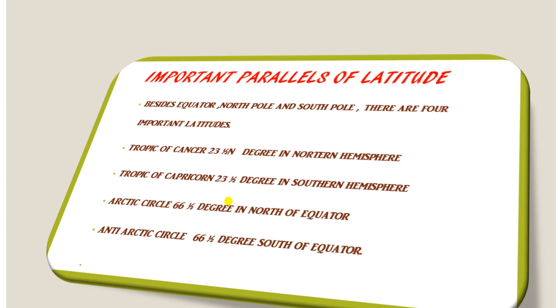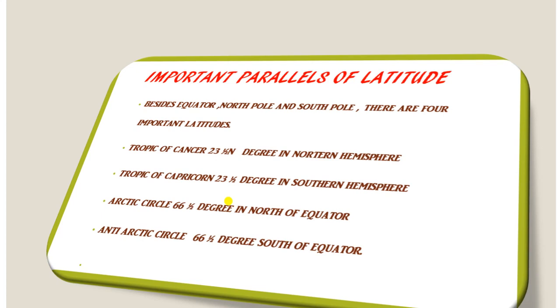Why are these latitudes important? Let me tell you. Tropic of Cancer and Tropic of Capricorn are the two important latitudes. Between these two latitudes, shift of the heat belt takes place.